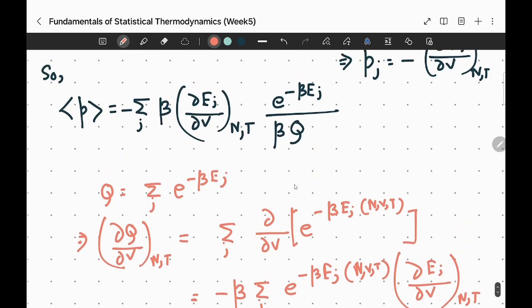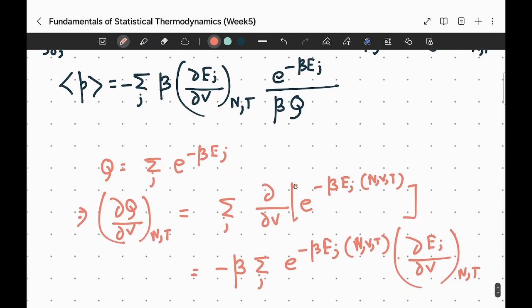Okay. So what was our numerator? Minus beta Ej del V at N, T, it will be minus beta Ej.